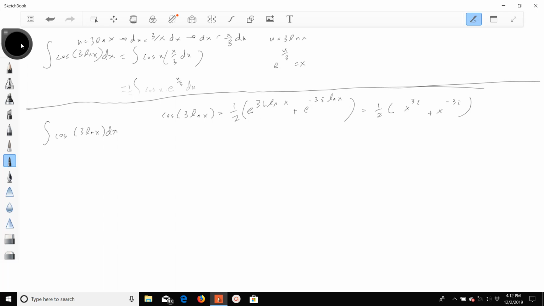And all I did there was make this e to the natural log of x to the 3i. e to the natural log of x is just x, so we get x to the 3i. So it follows that this integral is equal to 1/2 times the integral of x to the 3i plus x to the negative 3i dx.